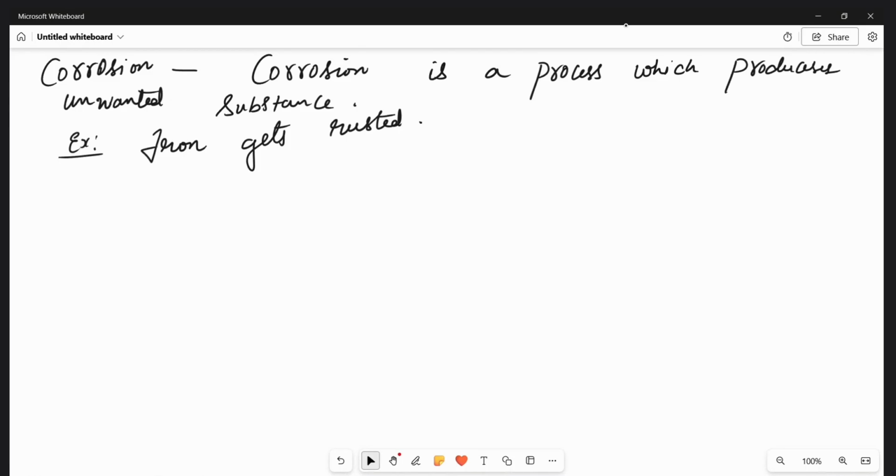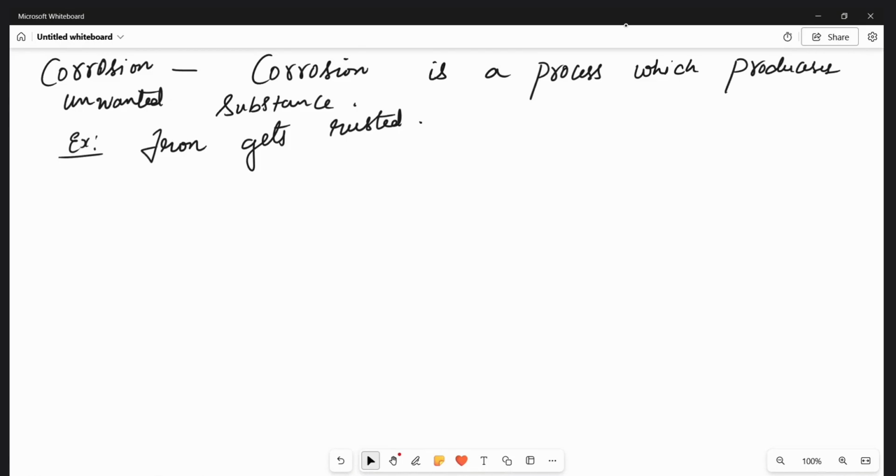When iron is left for many days, and when it is exposed to the atmosphere in the presence of moisture, we get iron oxide, correct? When iron is exposed to the moisture and the atmosphere for a longer time, it is converted into iron oxide.